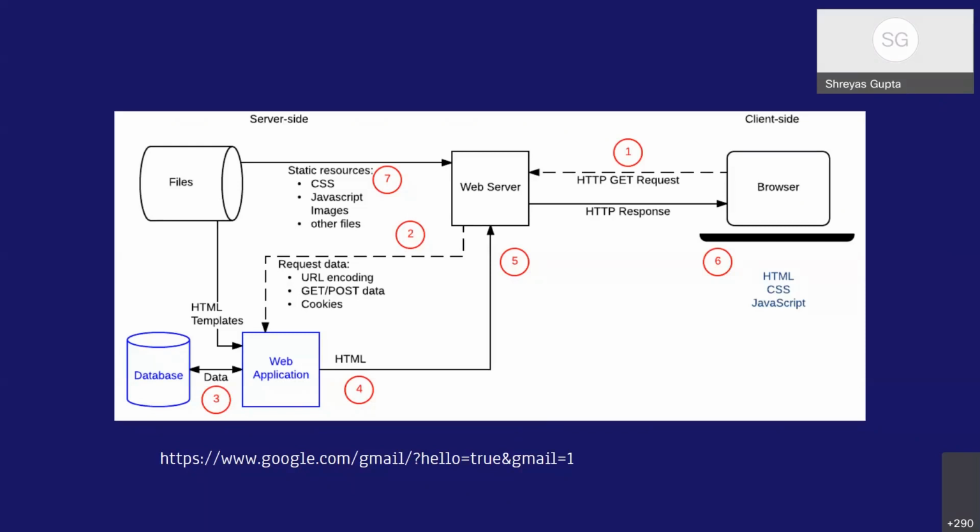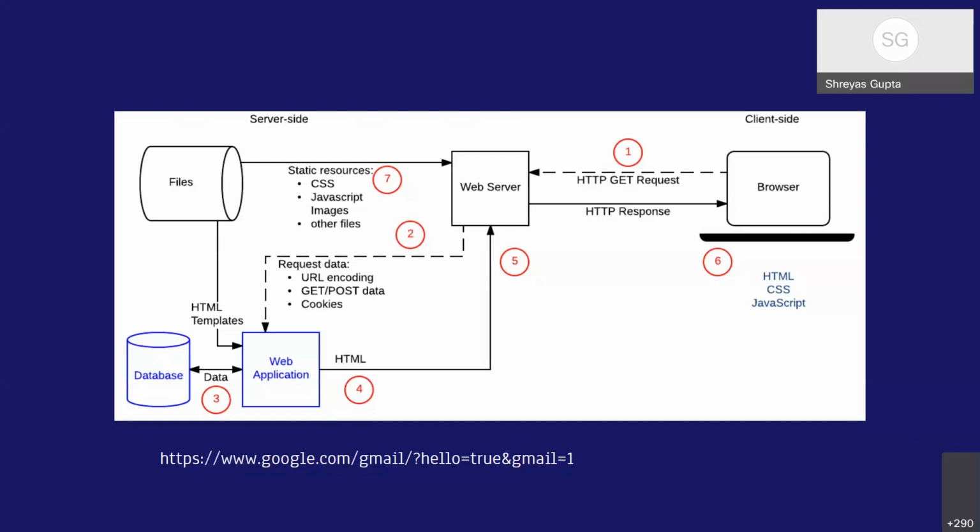Okay. So now, as I told you, your browser shows you the front end, and the front end consists of three parts: the HTML, CSS, and JavaScript. Where does that HTML, CSS, and JavaScript come from? That is sent by the server to the browser to display to you, right?